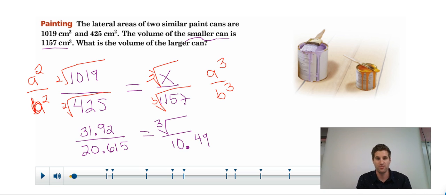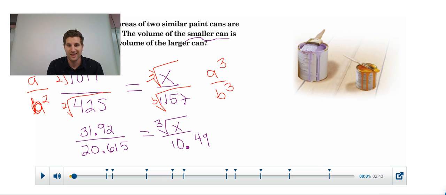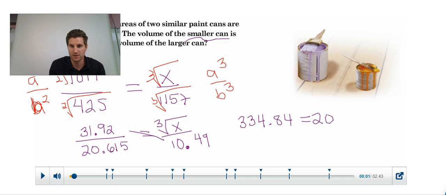And we're going to cross multiply, and the x goes right in here. So we cross multiply these two guys. I'm going to do 10.49 times 31.92. So these two cross multiply and we get 334.84 equals 20.615 times the cube root of x.